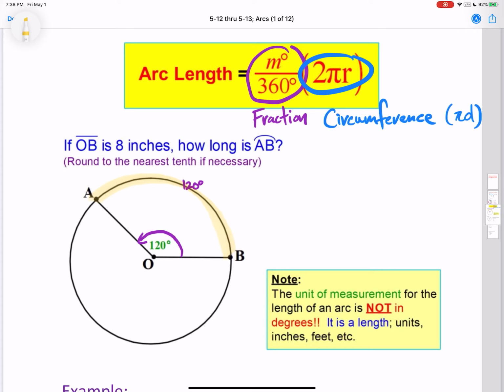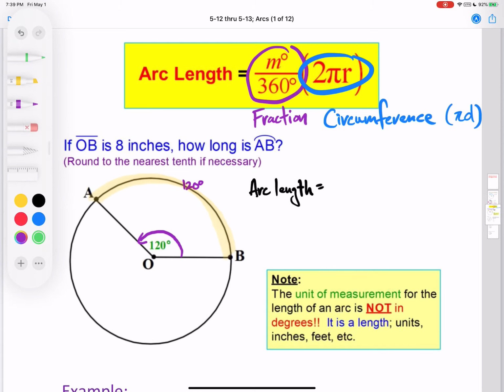So what we're going to do is take a fraction of our circumference, because that's the point going around it. Well, that angle measurement we have is 120 degrees. So I'm going to write this out. So our arc length is going to equal our 120 degrees out of 360, because there's 360 degrees in a circle.